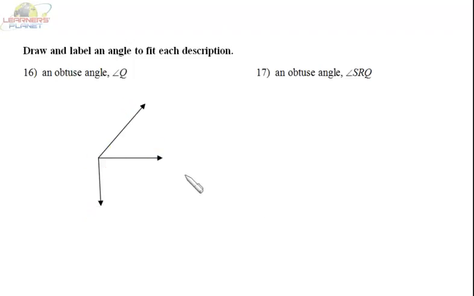Suppose it is S, it is R and it is Q. So SR and RQ are meeting at the point R. R is the vertex and this SRQ is an obtuse angle, which can also be written as angle R obtuse. So, are you clear?